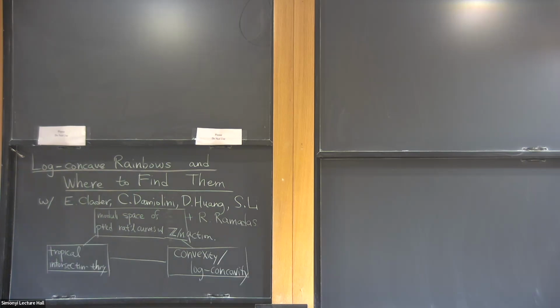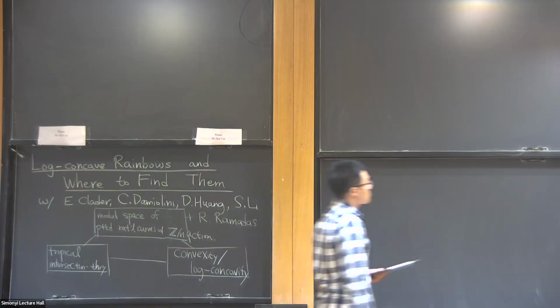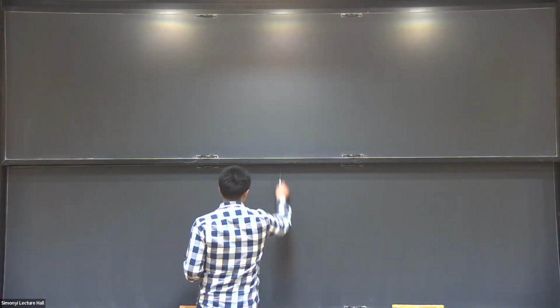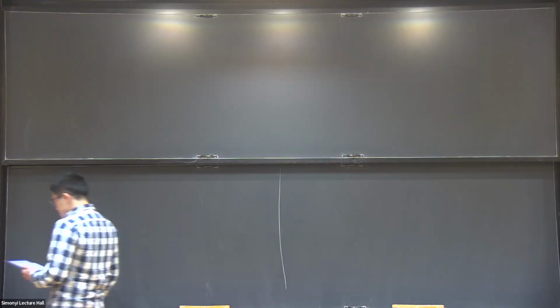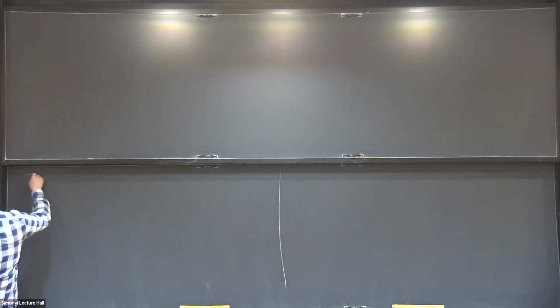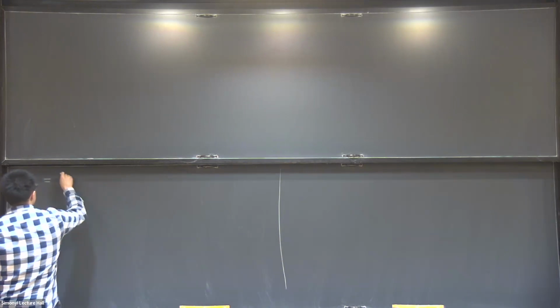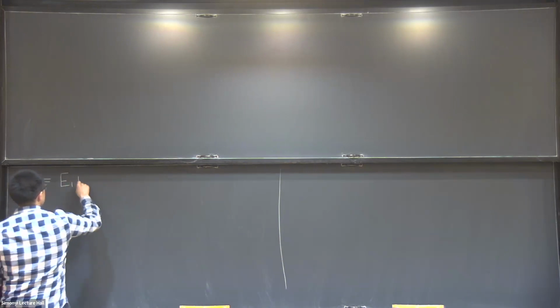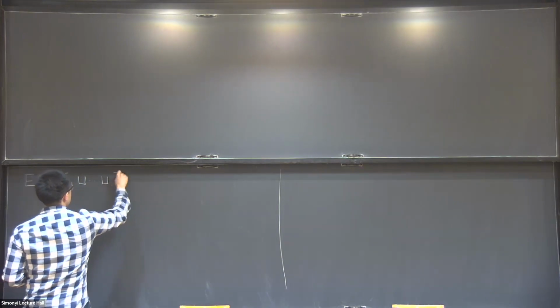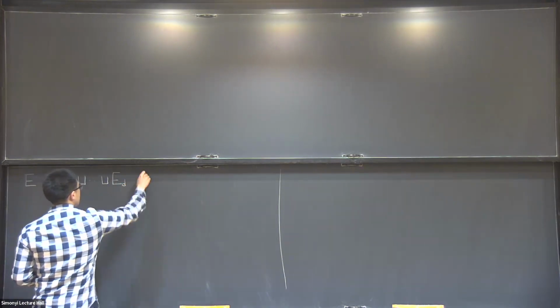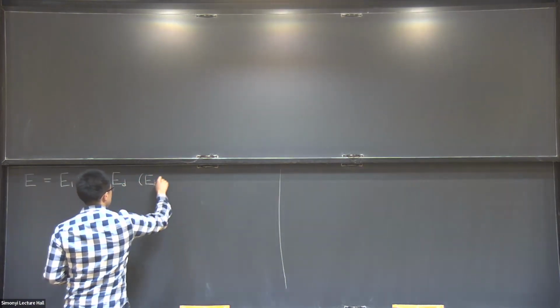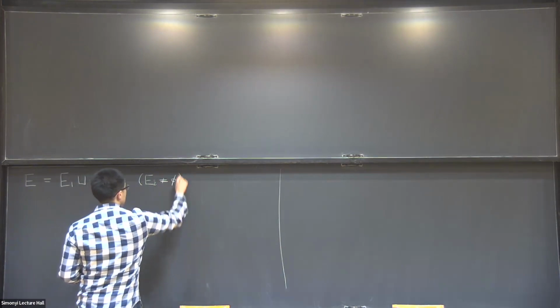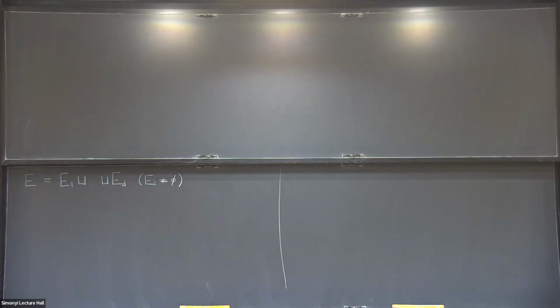So let me start with the main statement. And the statement itself is completely combinatorial. There's really no geometry. So let me tell you what the setup is. Let's say I have a finite set E, and we have a partition into, let's say, D many parts. And to avoid trivialities, let's assume 2 or more parts. Okay.